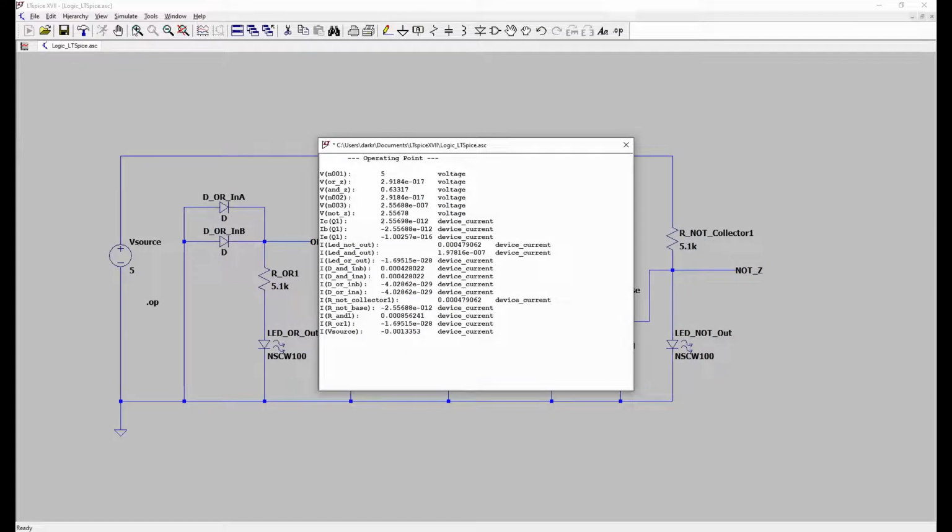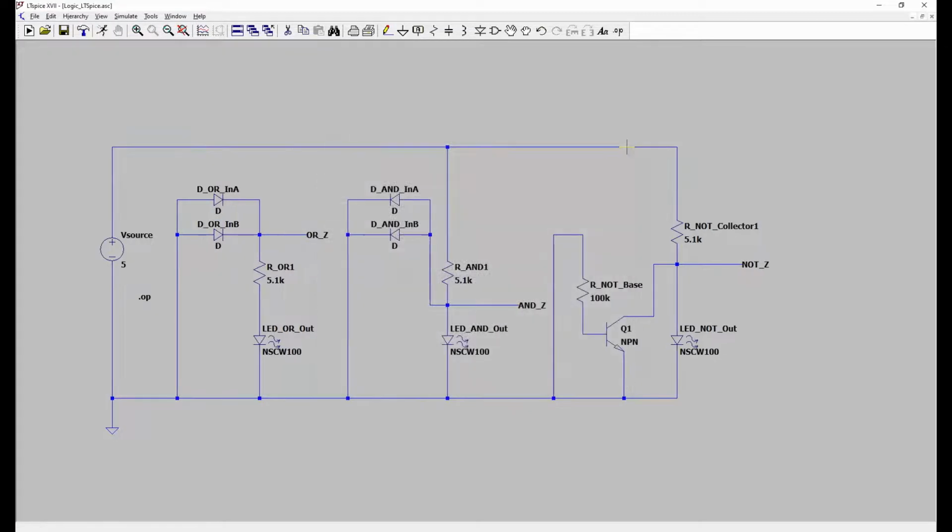So now that we've run it once, I'm not even going to look at these right now. I'm going to add some voltages based on the simulation.